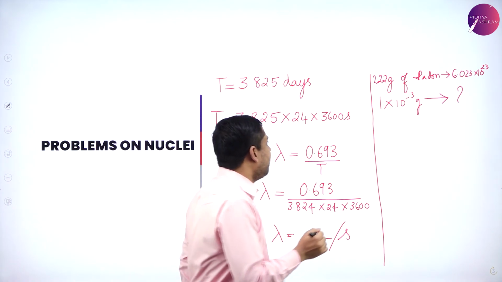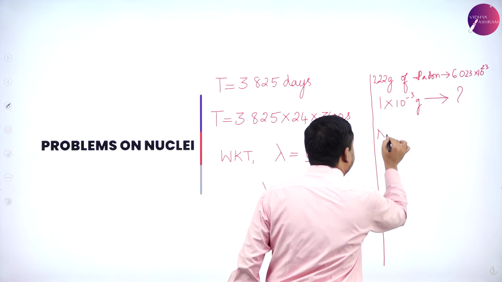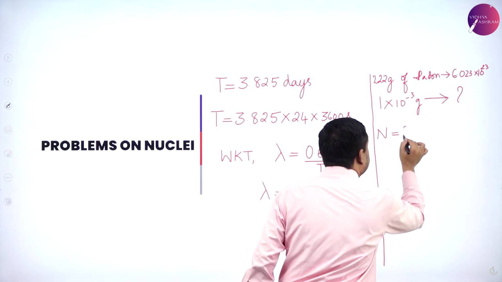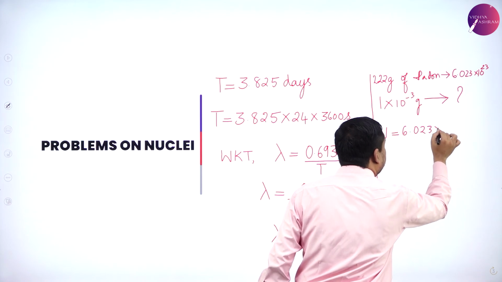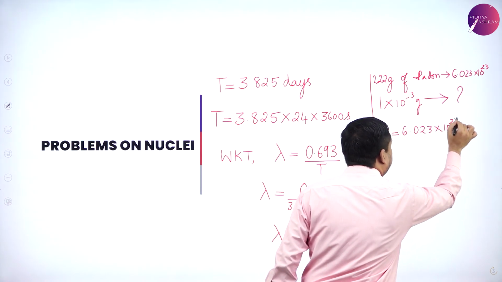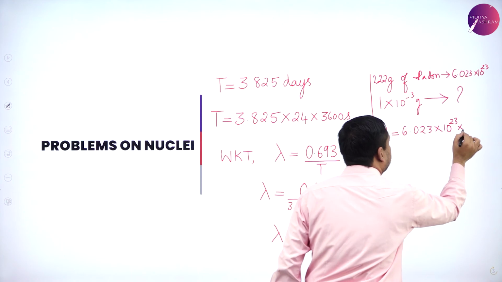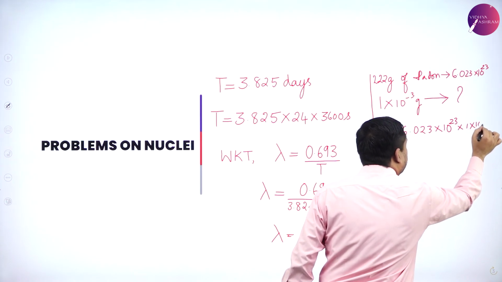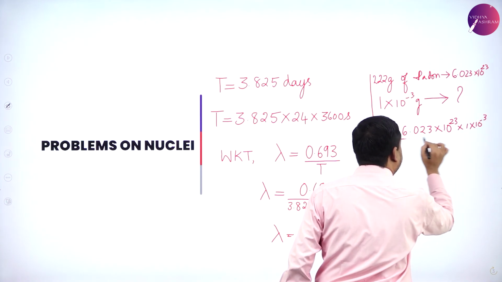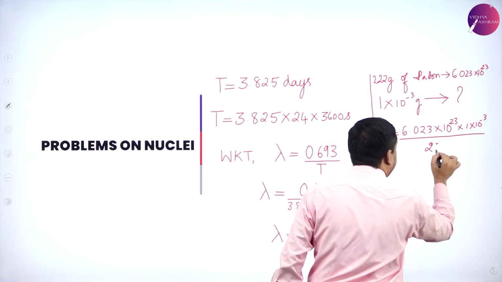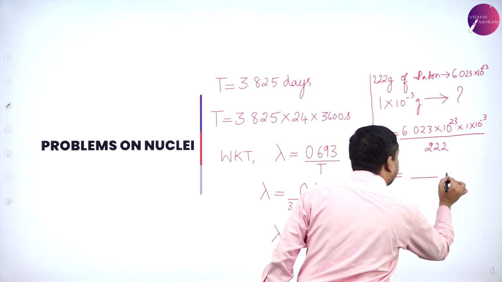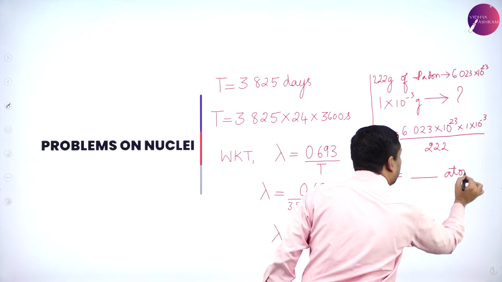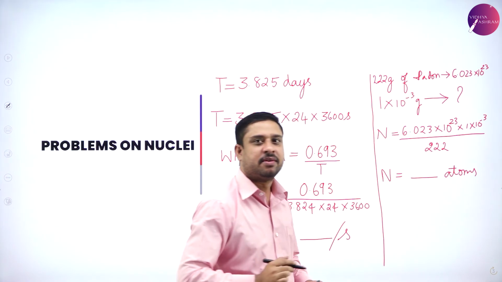So we say N equals 6.023 into 10 power 23 into 1 into 10 power minus 3 divided by 222. Do the simplification, so many atoms.